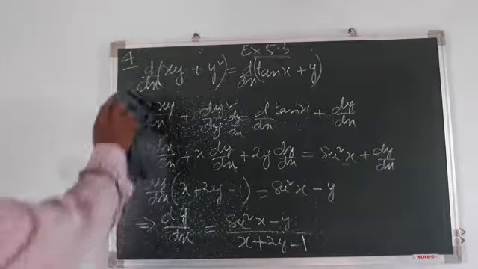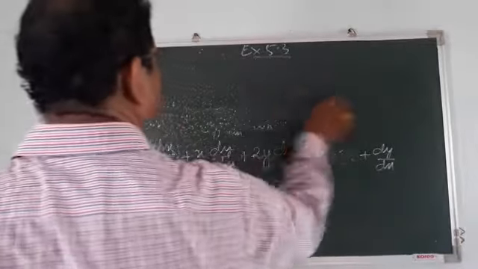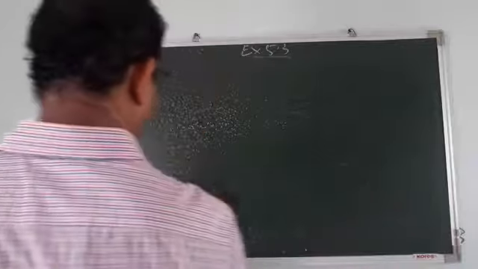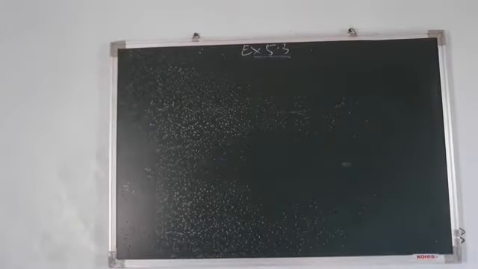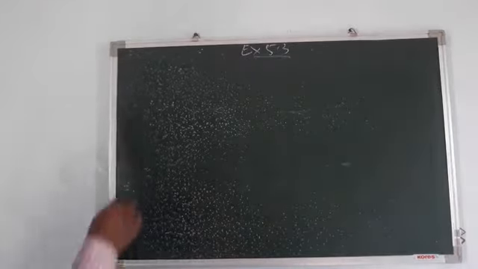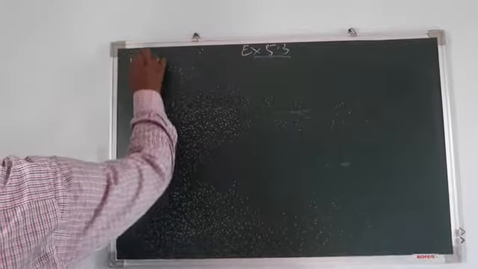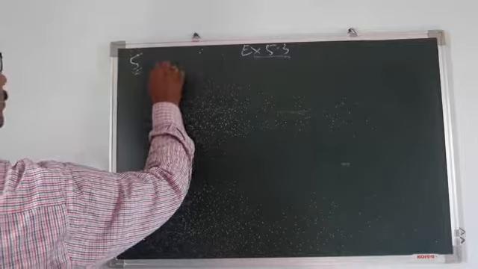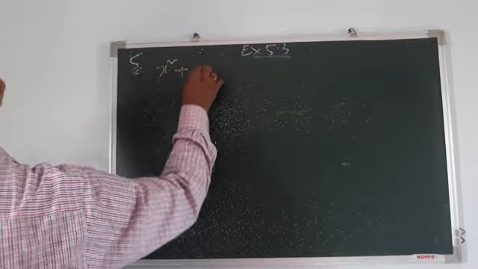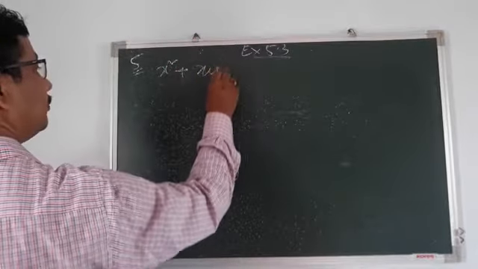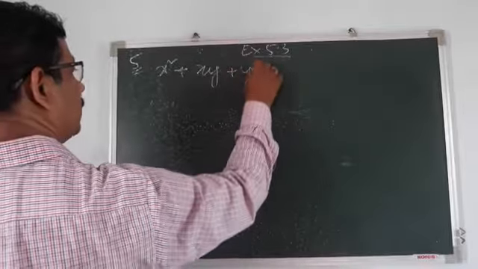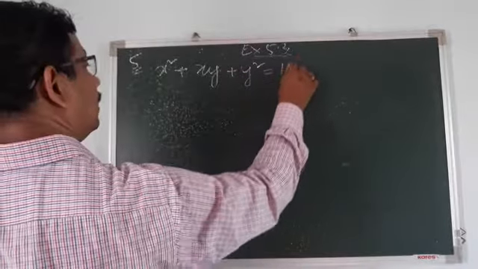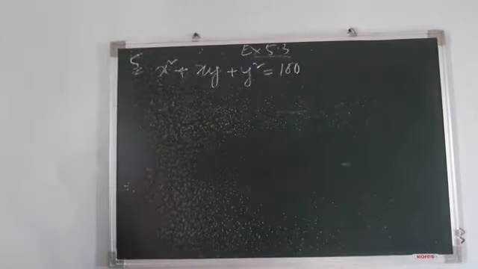Now question number 5. Here it is also in equation form: x square plus xy plus y square is equal to 100. This is our question.